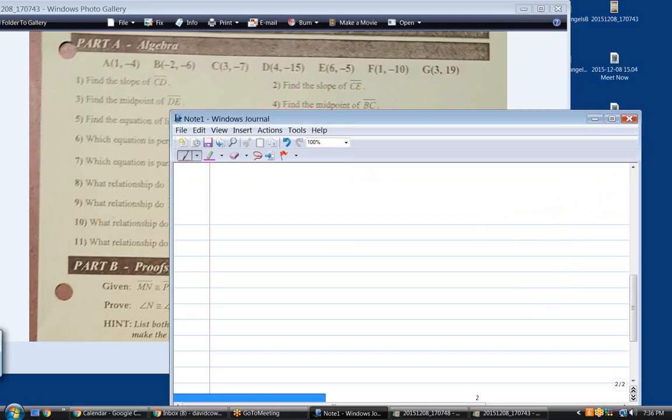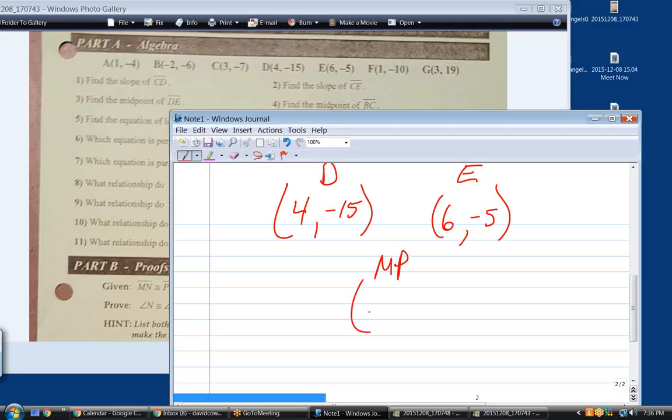In other words, D is exactly as you would think it is. What would you think would be the way? What's the midpoint x coordinate going to be? 5. Uh-huh.